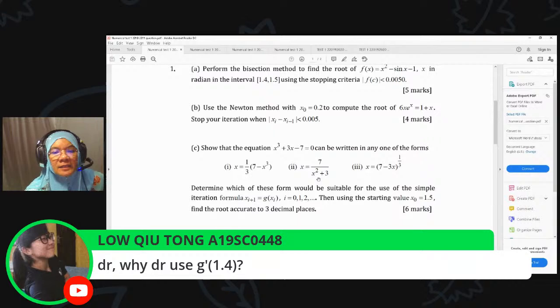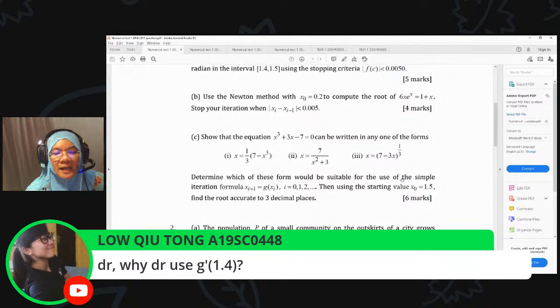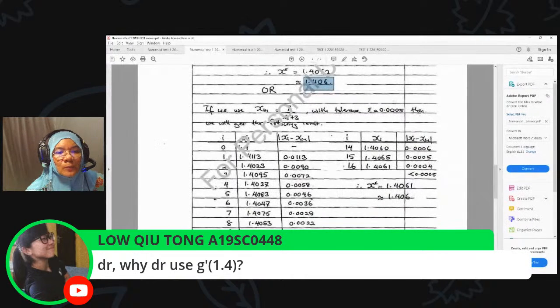The question here asks you to use x naught is 1.5. Maybe they corrected the question during the exam. If you use 1.5, it contributes to more iterations.